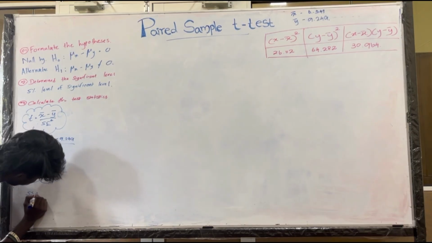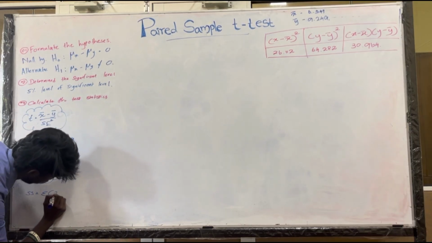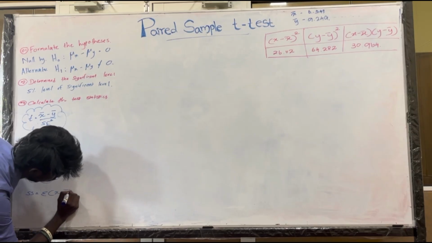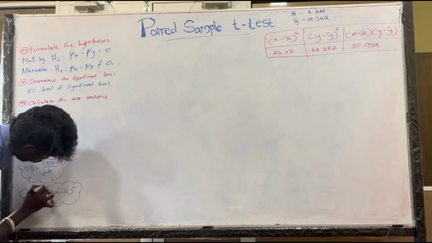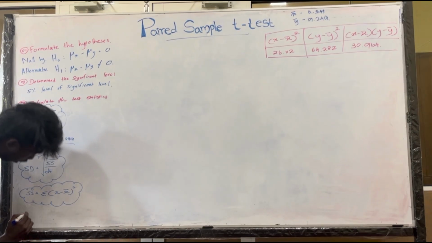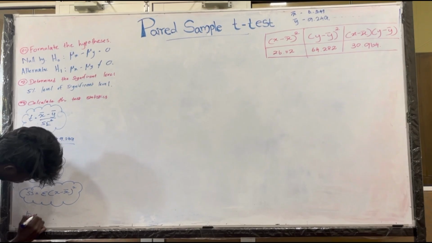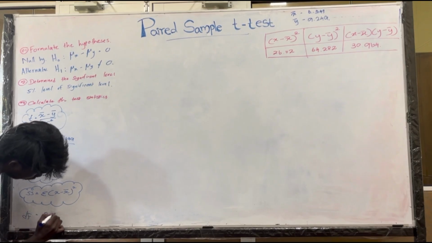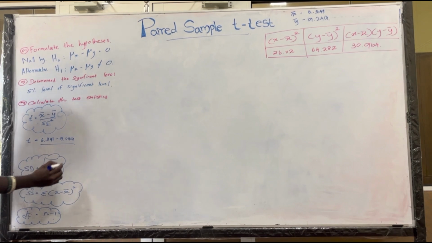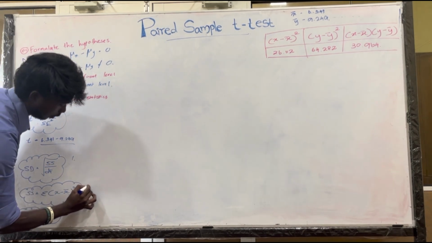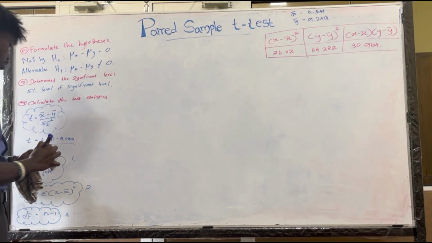Sum of squares equals sigma x minus x bar squared. This is another calculation we use. How to calculate degrees of freedom? Degrees of freedom equals n minus 1. These are the major formulas we need.